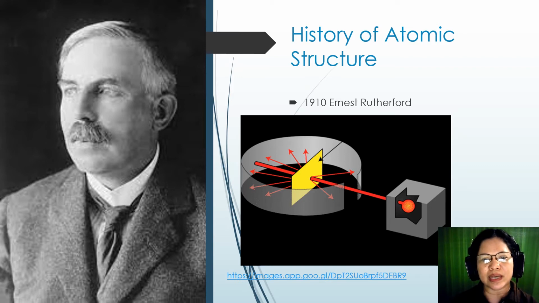The nucleus is now identified as the protons and the neutrons inside it, where the protons are positively charged, while the neutron has a neutral charge. That makes up the atomic mass.